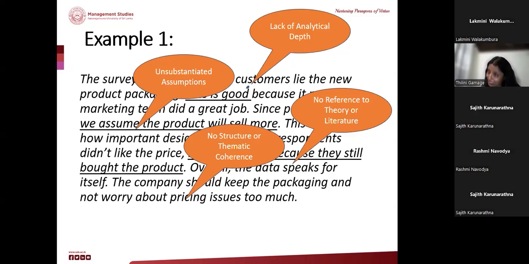Please don't do that. Most of the time, students, just ask yourself and understand whether you belong to this category. Most of the time, when students write the discussion, they make these kinds of mistakes. So that's why I thought I must emphasize these mistakes first. So you should not make these mistakes.